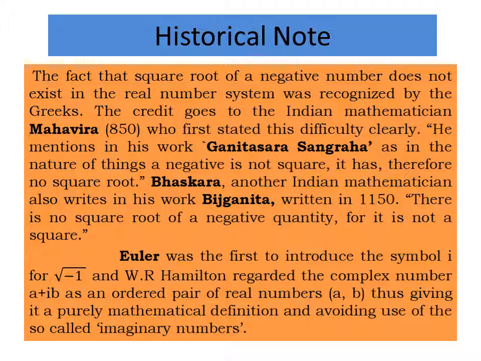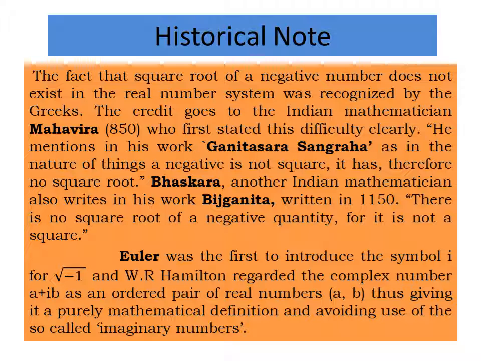It is from thousands of years back. Okay, it is great history for Indians. These are the great Indian mathematicians who gave this note that there is no square root of a negative quantity. Therefore, it is not a square. Okay.